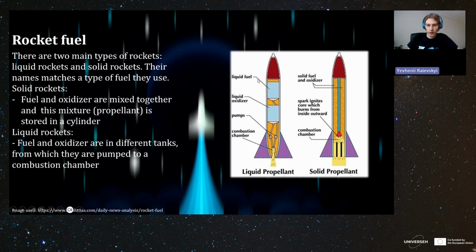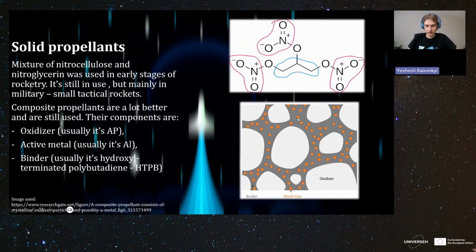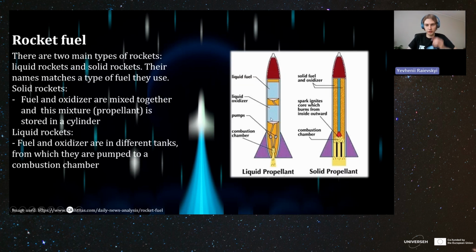And liquid propellants are stored in separate tanks here and here, so liquid fuel and liquid oxidizer in this image, and they are pumped up to the combustion chamber where the reaction occurs.